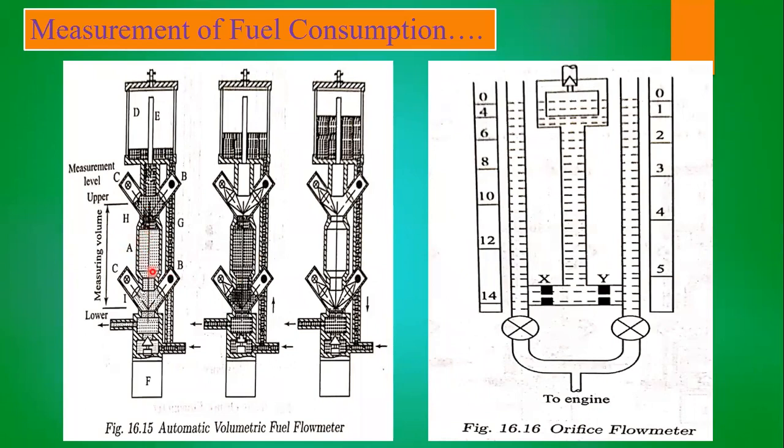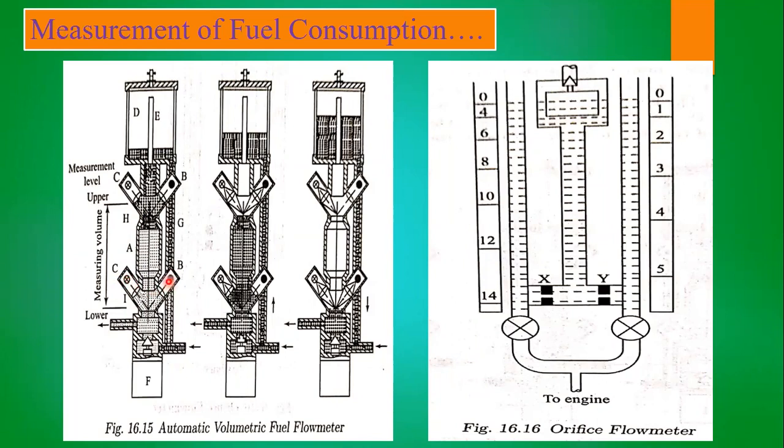Listen clearly here. This is the measuring volume, from here to here. That is the measuring volume. You can see it clearly, from here up to here. A is the measuring volume, B is the photocell, and C is the light source.